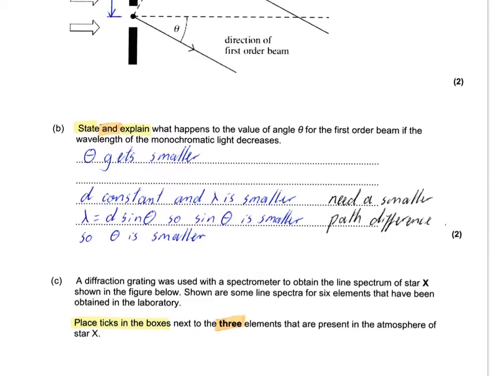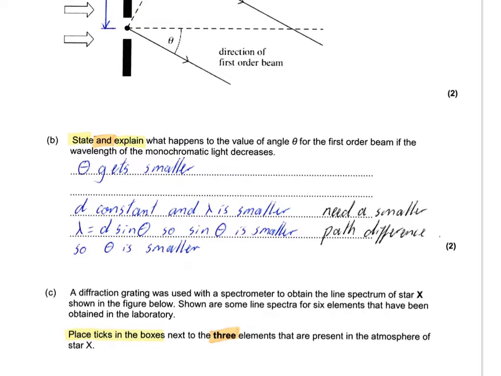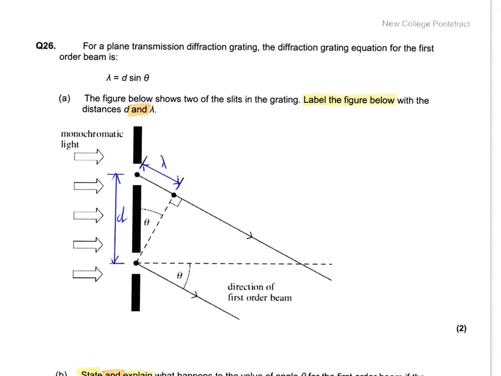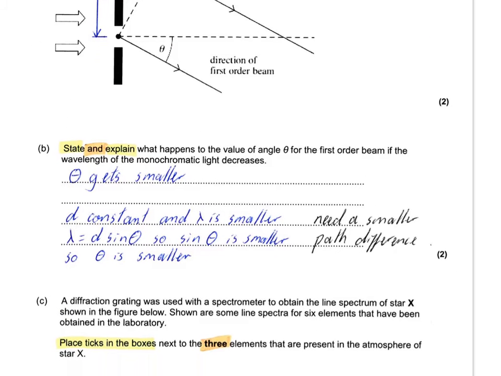State and explain what happens to the value of theta for the first order beam if the wavelength of the monochromatic light decreases. It is important that I do both of those to get the marks. Go back to the equation: lambda is d sine theta. So if lambda decreases, d stays the same, sine theta will decrease, therefore theta decreases.